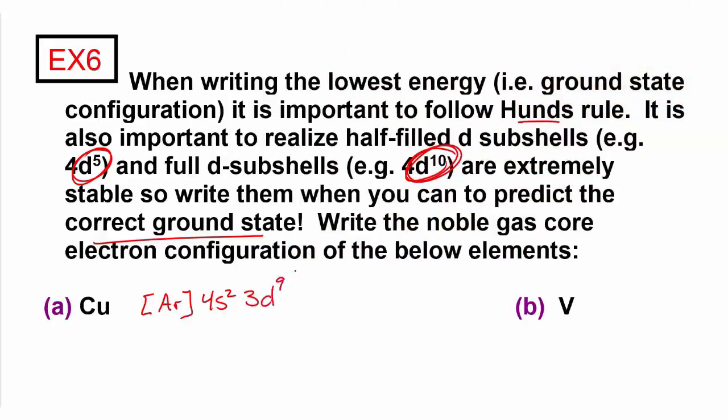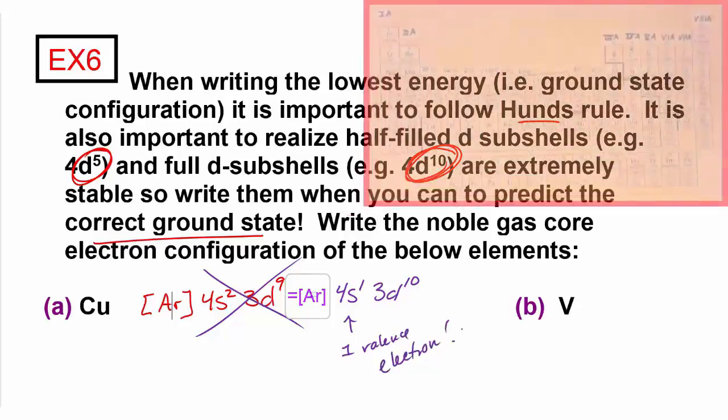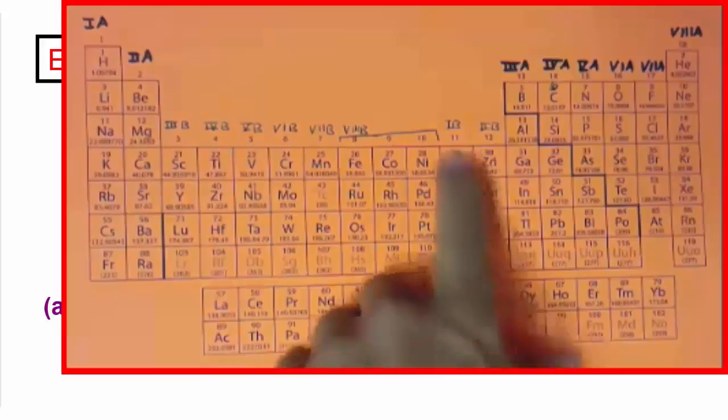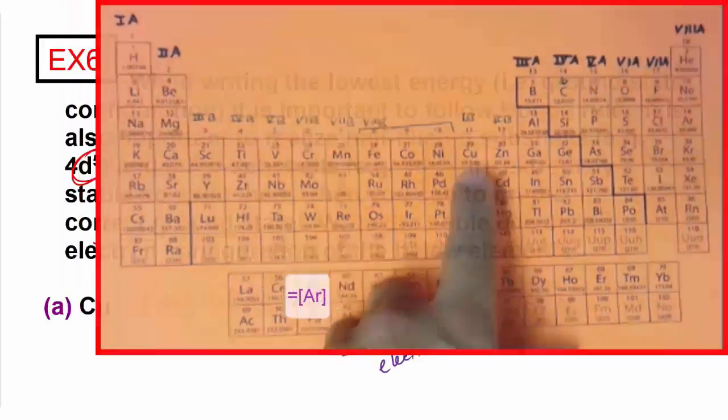We are very close to d10. So they're saying that this is wrong. The right answer is 4s1, 3d10. Because then we only have one valence electron. That's why copper only has one valence electron, and it's in group 1.